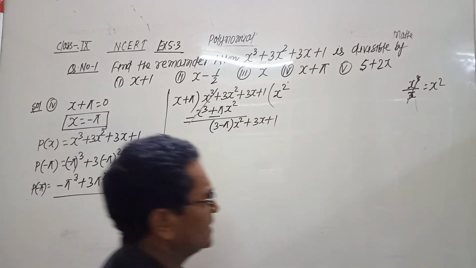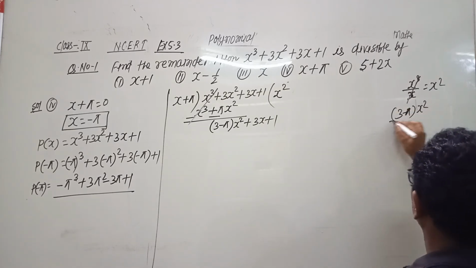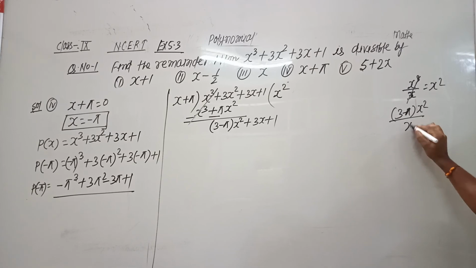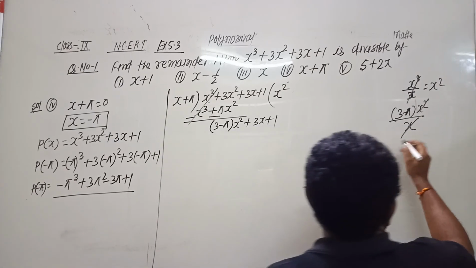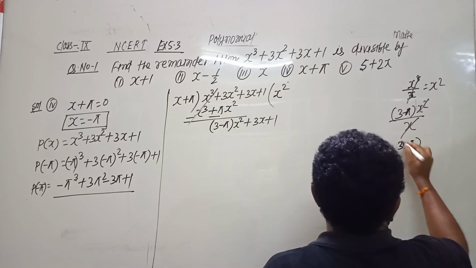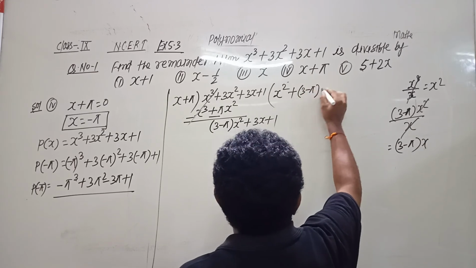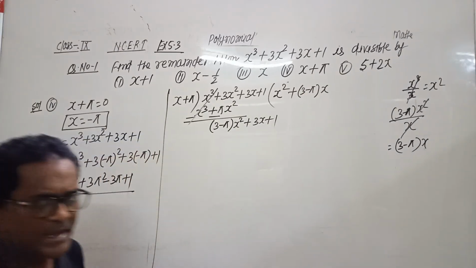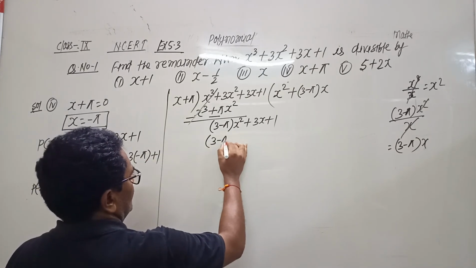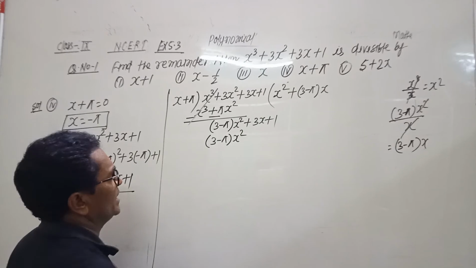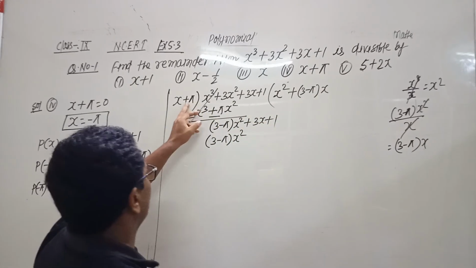Now the first term is 3 minus p into x square. The first term of the divisor is x, it goes by x, so it remains 3 minus p into x. So here we write 3 minus p into x, and 3 minus p into x multiplied by x. The result comes to be 3 minus p into x square, then 3 minus p into x multiplied by p.